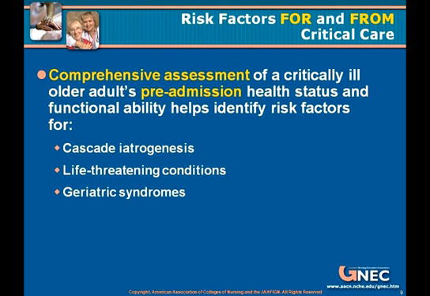And in older adults, we talk about a cascade of problems occurring as a result of hospitalization, that one thing can lead to another, that immobility can lead to skin integrity compromise, as well as a decrease in oxygenation, and then susceptibility to nosocomial infection, and so it can all be a cascade that we would want to prevent.